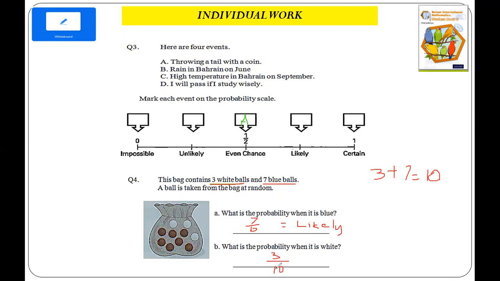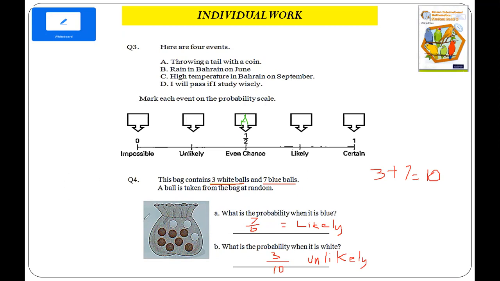And 3 out of 10 is less than half. You can see our probability scale, so it will be unlikely. This is how to use the probability scale.